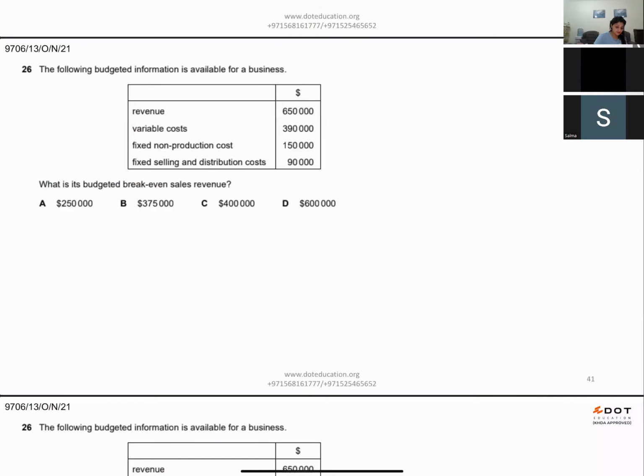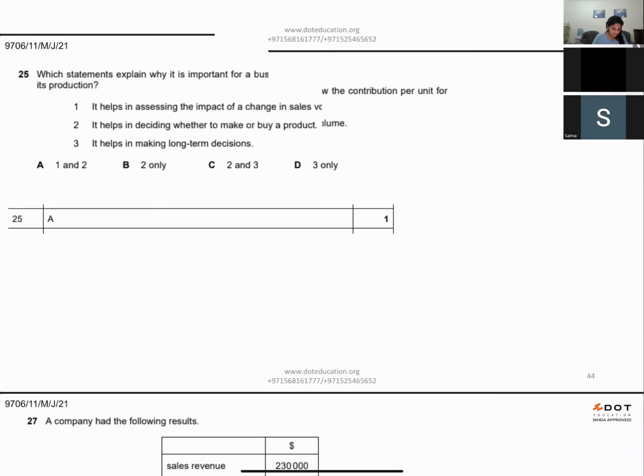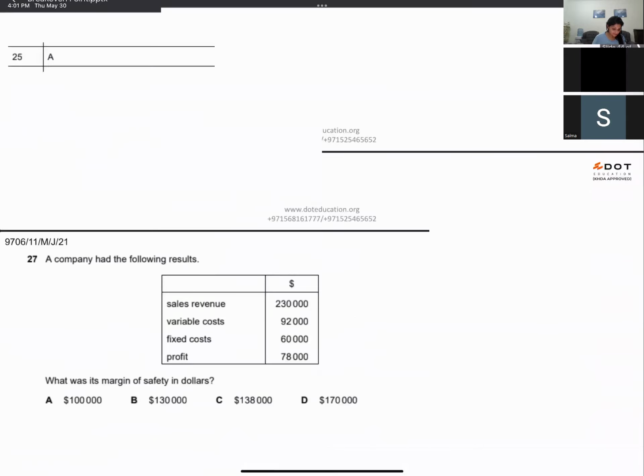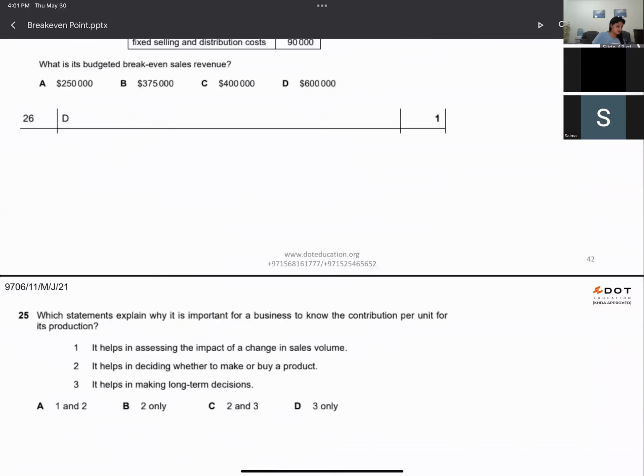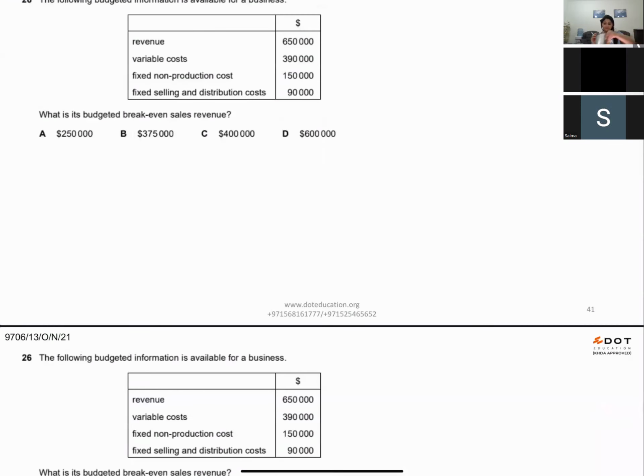Where were we? This question: budgeted break-even sales revenue. To find the break-even sales revenue in dollars, the formula is total fixed cost divided by CS ratio.